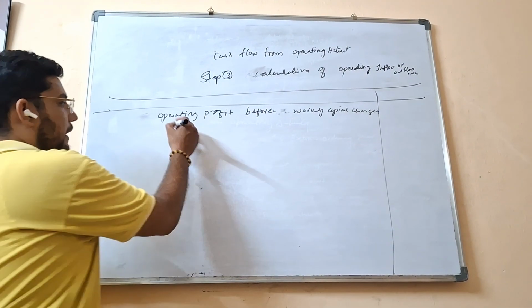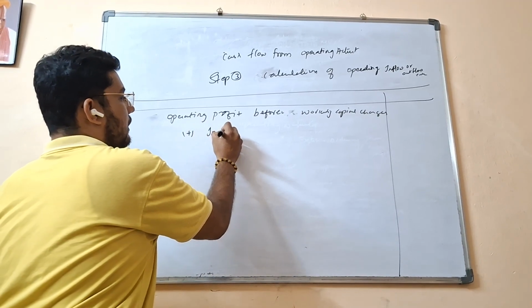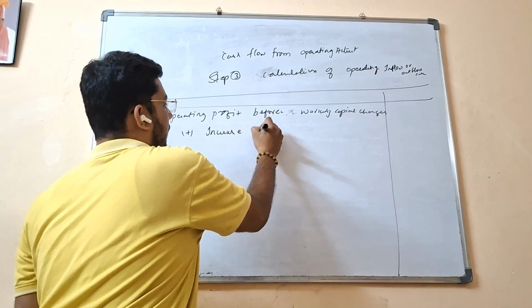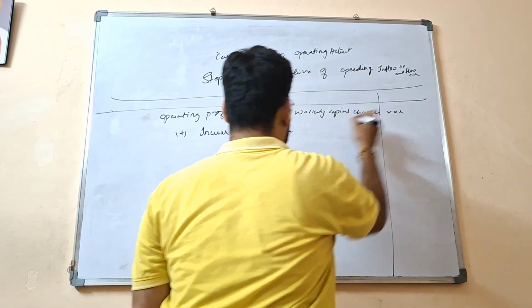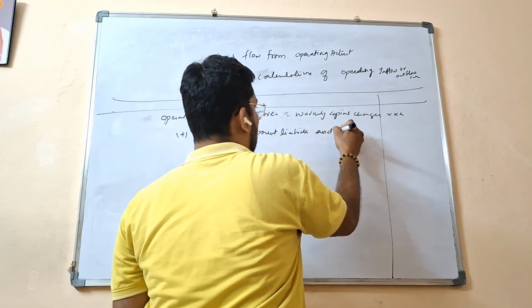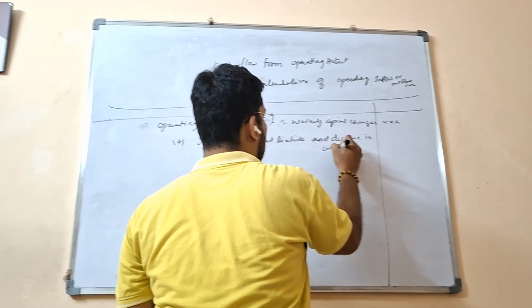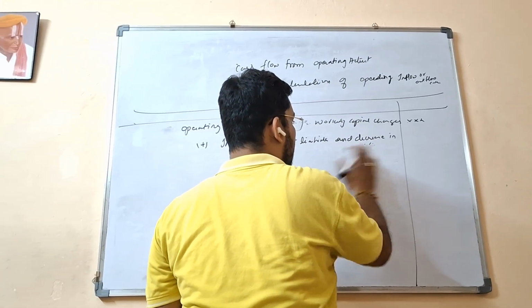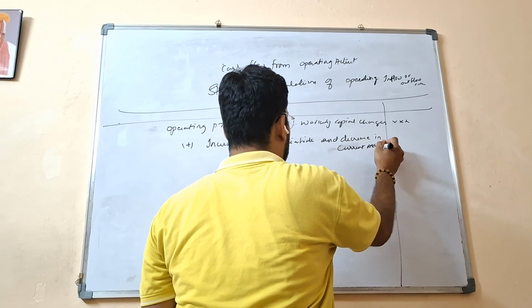So here we are going to add increase in current liabilities, and decrease in current assets.